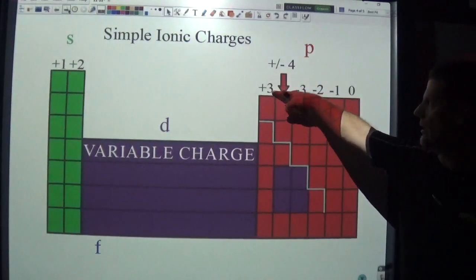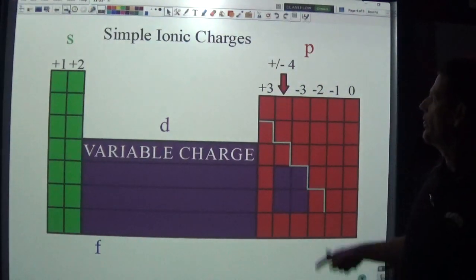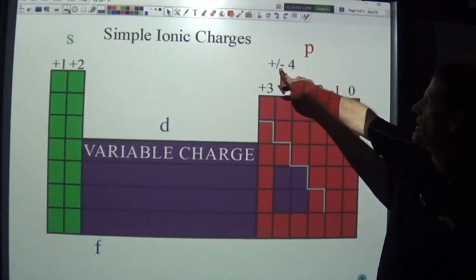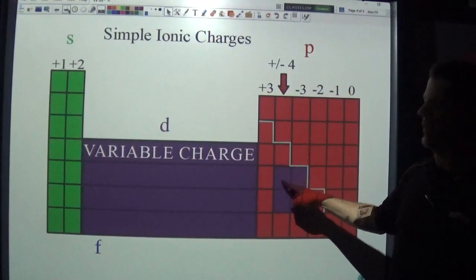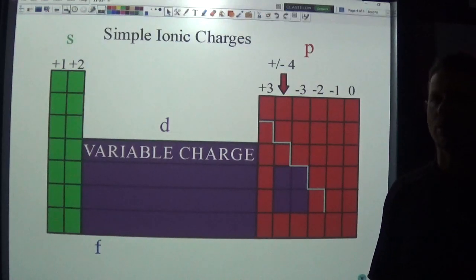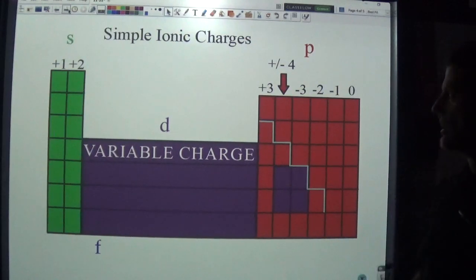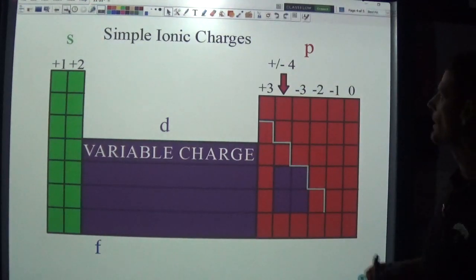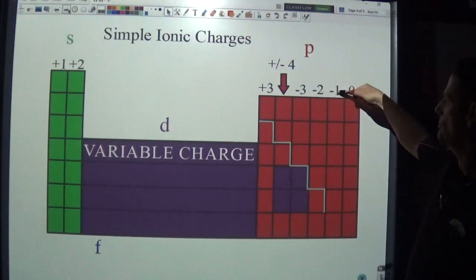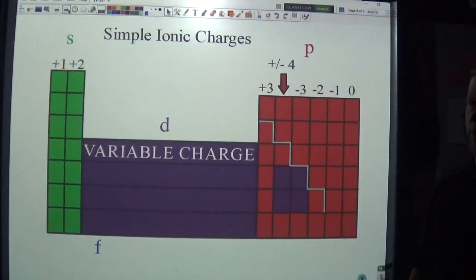Group 13 are +3. Then notice that this one we wrote plus or -4. With the exception of these 4 elements down here in the bottom, they act more like metals, and so they have what we call variable charges. We're going to skip over all of the transition metals because they do some weird things. But then -3, -2, -1, and the noble gases are 0.